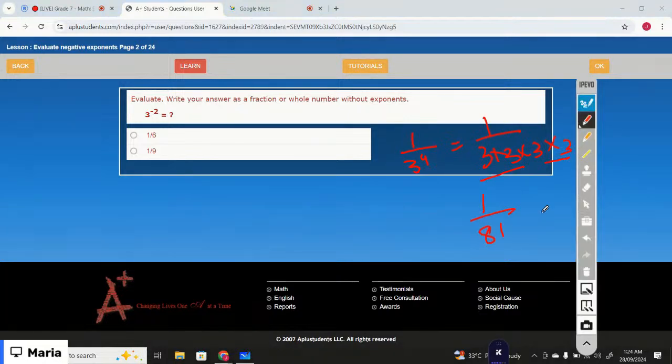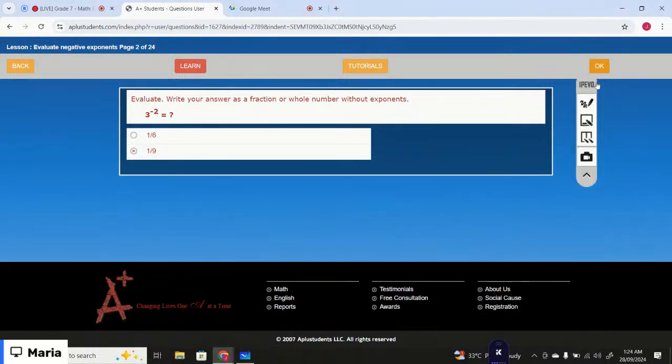So you can write it as 1 divided by 3 square. You have to do 1 divided by 3 times 3, that is 1 over 9. The correct option is option number 2, that is 1 over 9.